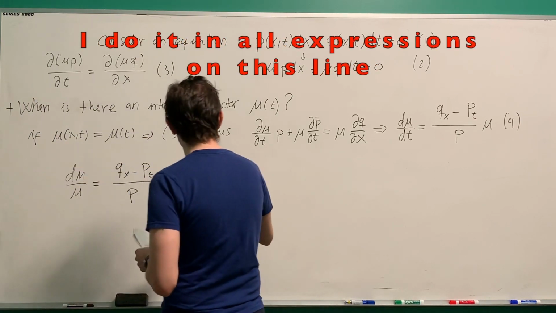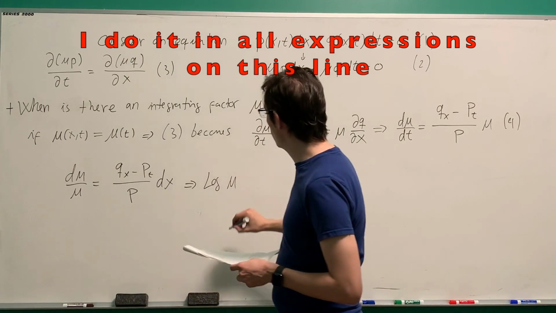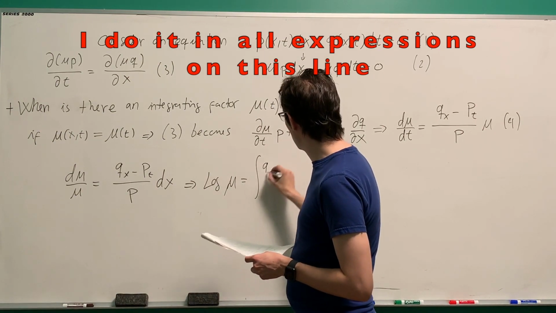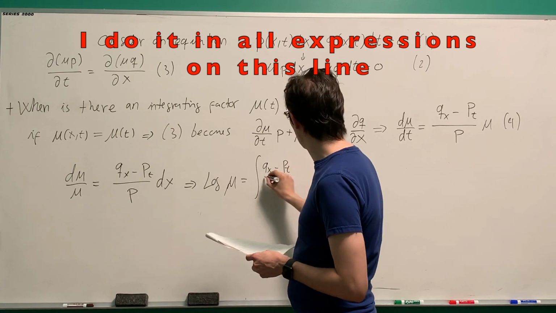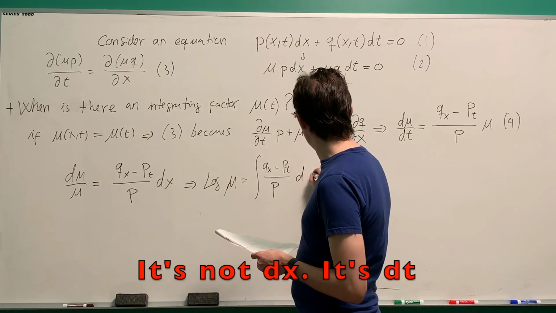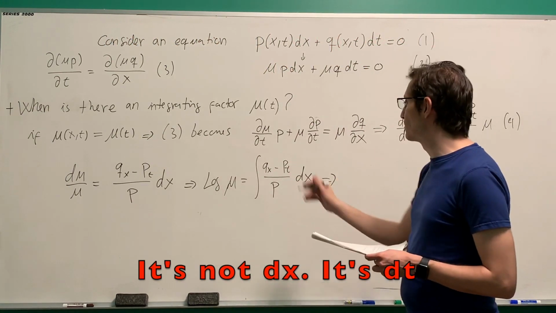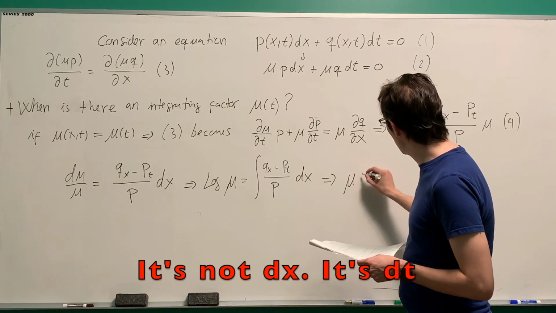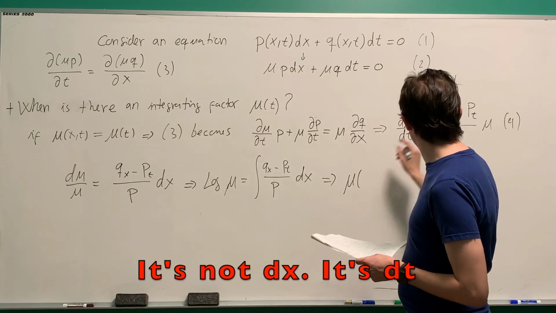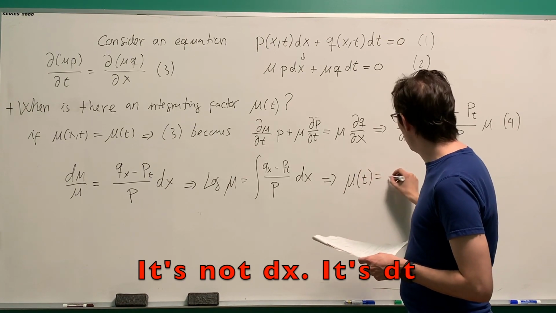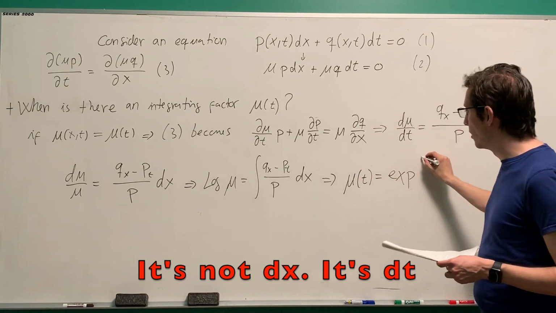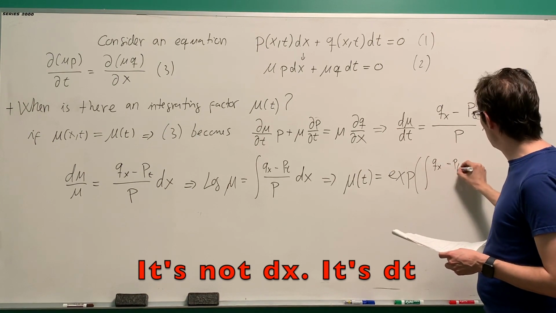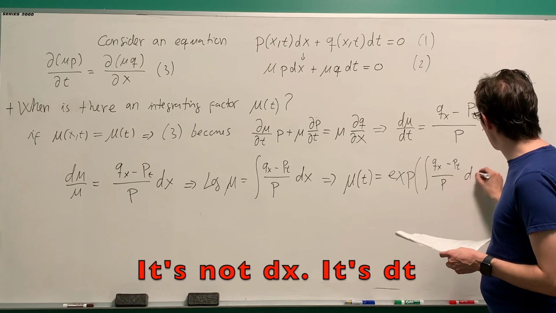Integrating, I get that the log of mu is equal to the integral of (qx minus pt) divided by p dx, and by taking exponentials on both sides, I find that mu of t would be equal to the exponential of the integral of (qx minus pt) divided by p dx.